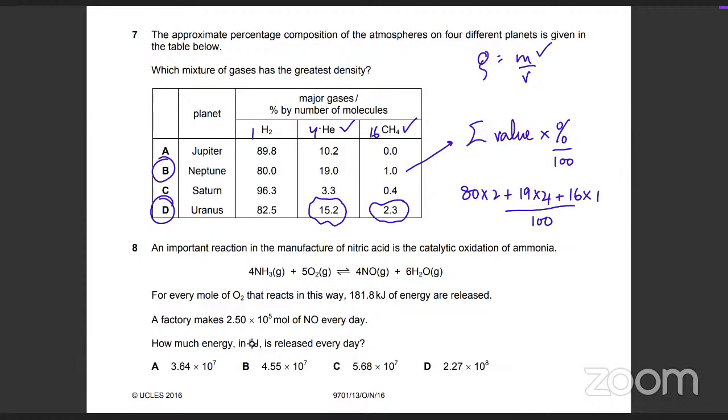For D, it's 82.5 multiplied by 2, and then 15.2 multiplied by 4, and then the last one, 2.3 multiplied by 16.